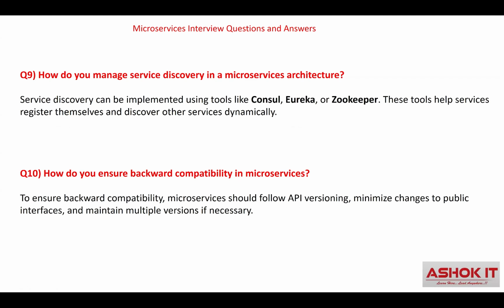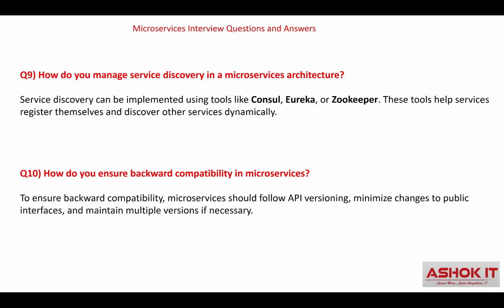In case Paradise changes its URL or port number, there is no need to change Swiggy and no need to change Zomato. They are connected to a service registry, and the service registry will handle that change. So service discovery can be implemented with tools like Eureka, Zookeeper, Consul, which help build loosely coupled systems.